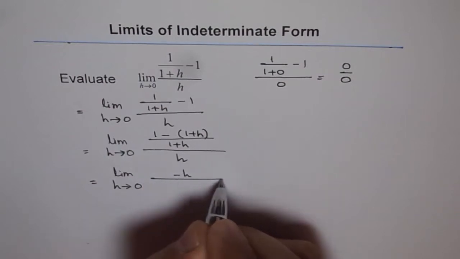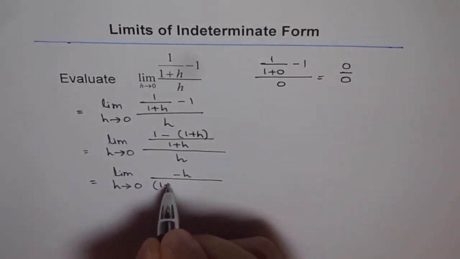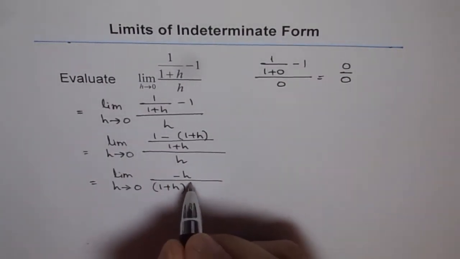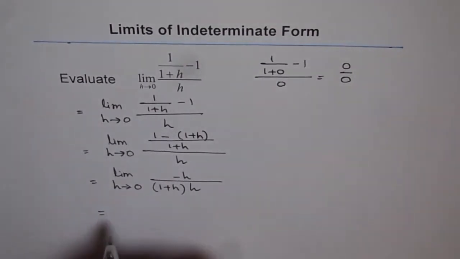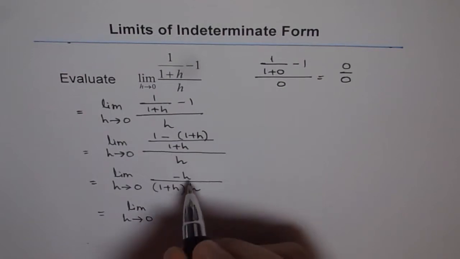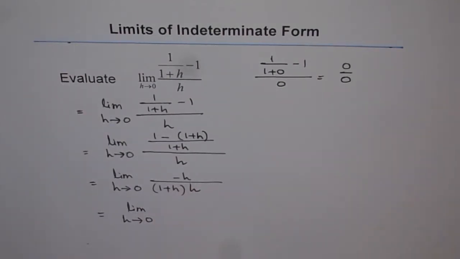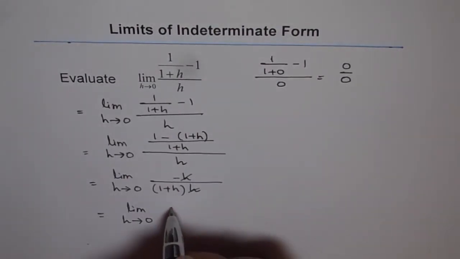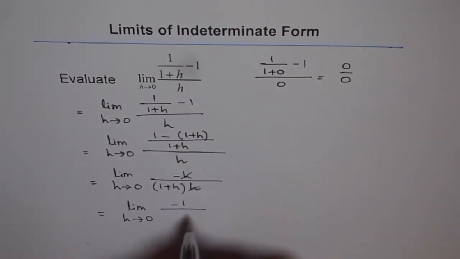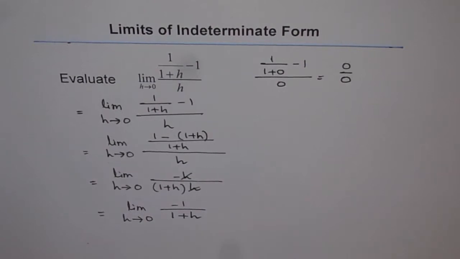So we get minus h over 1 plus h in the denominator times this h. And now we can cancel the h and h from the numerator and denominator, and what we get is minus 1 over 1 plus h.